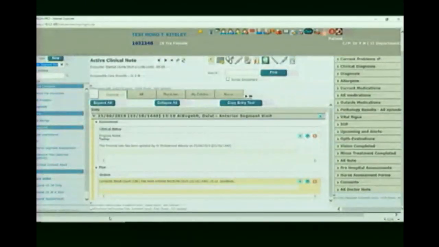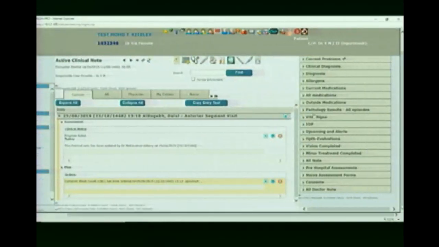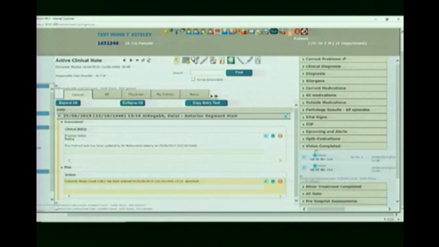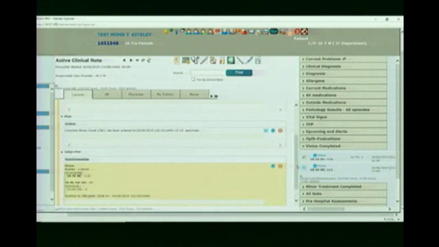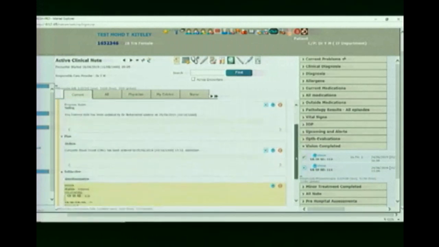So what's new here in active clinical note? You can use the vision completed. You can add what, for example, ophthalmic assistant added. It's just one click here in the X button. So it will be added to your note.